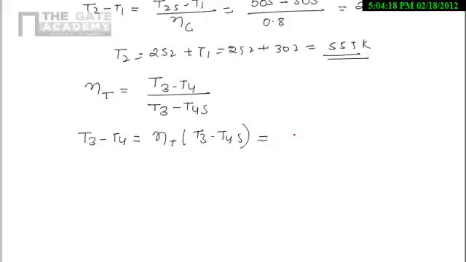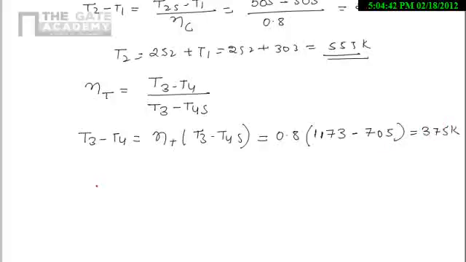So we are having efficiency of turbine 0.8, T3 value is 1173, and T4S is 705, so we will get the value 375 Kelvin.